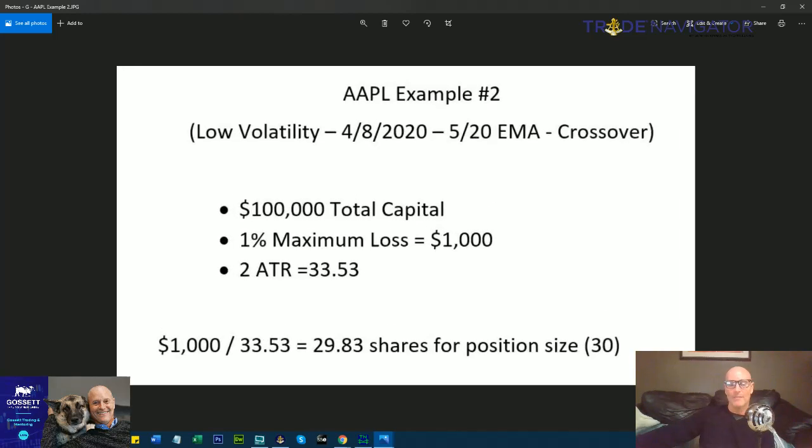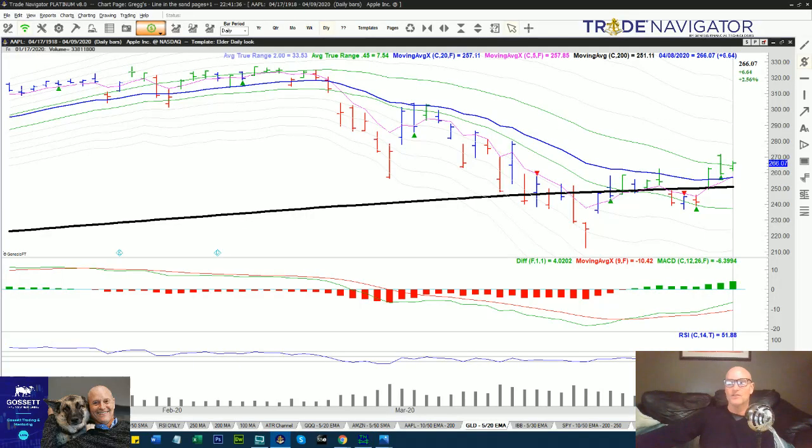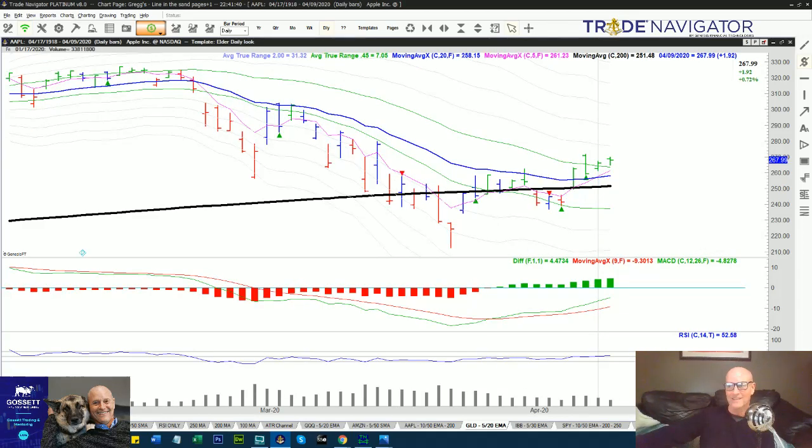So I hope that makes sense. Now to the upside, if volatility starts to contract and get smaller, then my position size will start to go up, and as volatility increases, my position size starts going down.